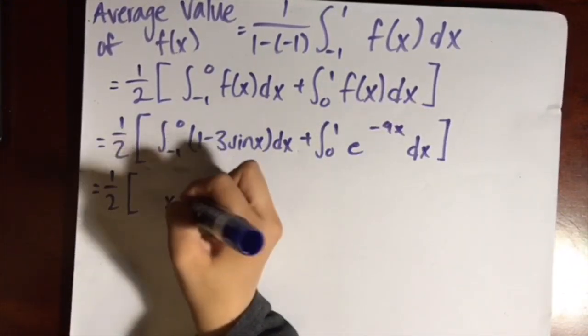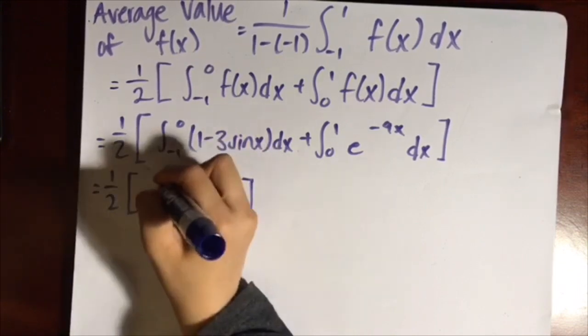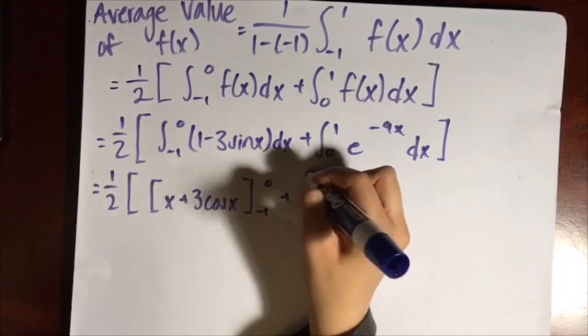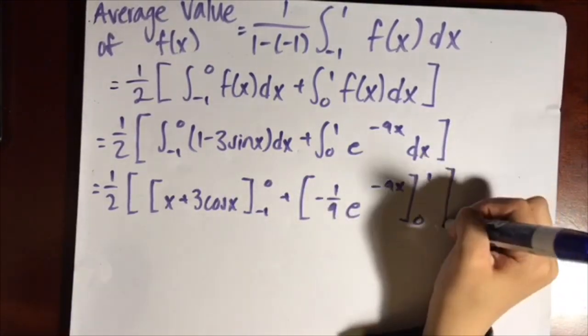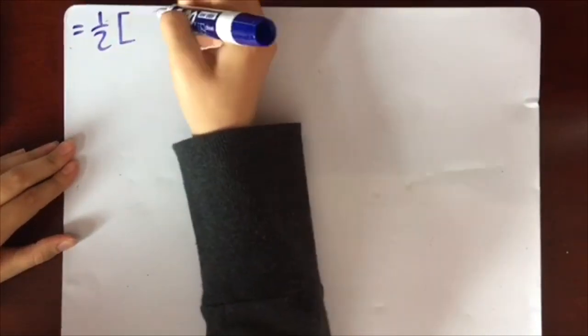After integrating the function, we can see that the function is 1/2 times x plus 3 cosine of x from -1 to 0 plus -1/9 e to the 9x power from 0 to 1. We then plug in the values to the functions.